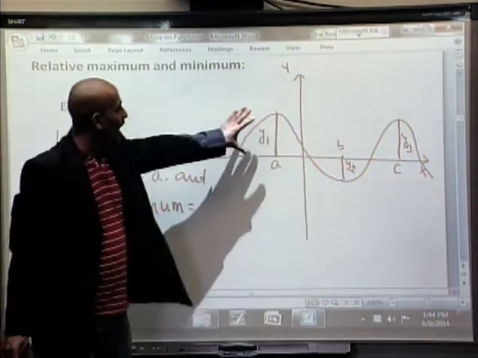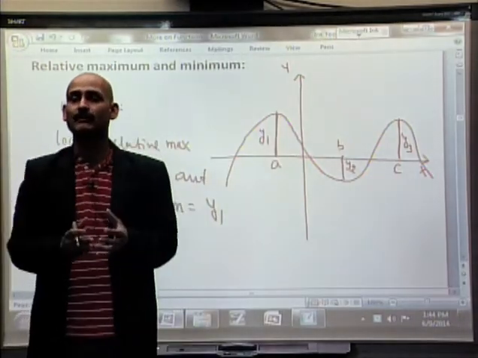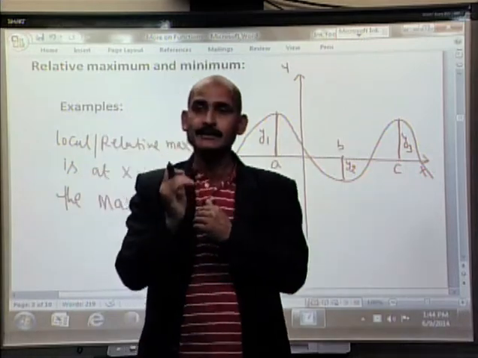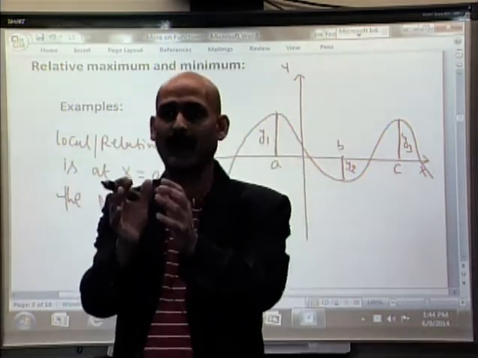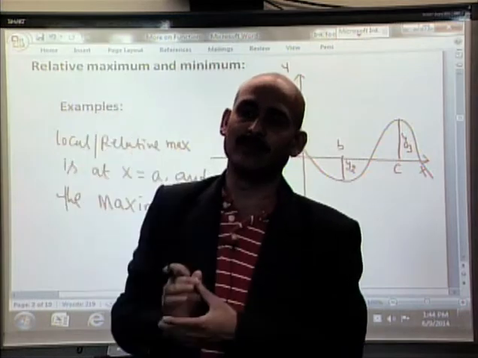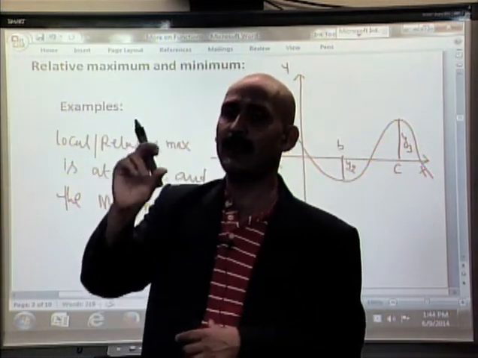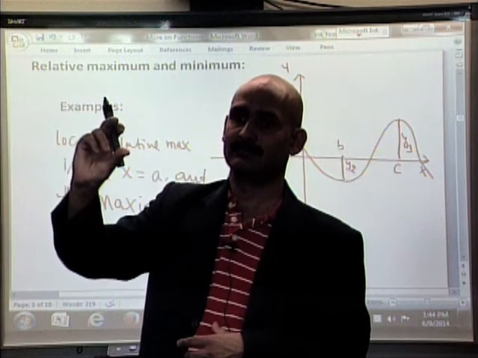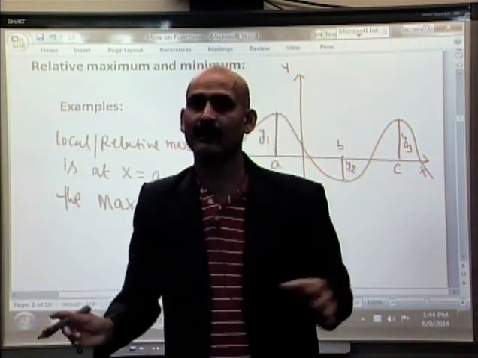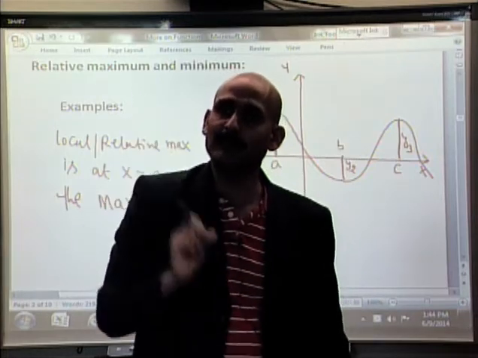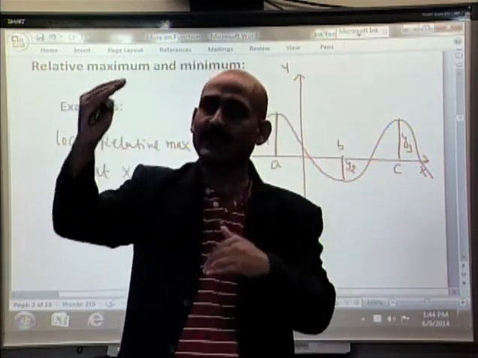The x value gives the location of the maximum and the y value gives the maximum value of the function. In the sense of height, the x value tells us the name of the person, and the y value tells us the exact height.